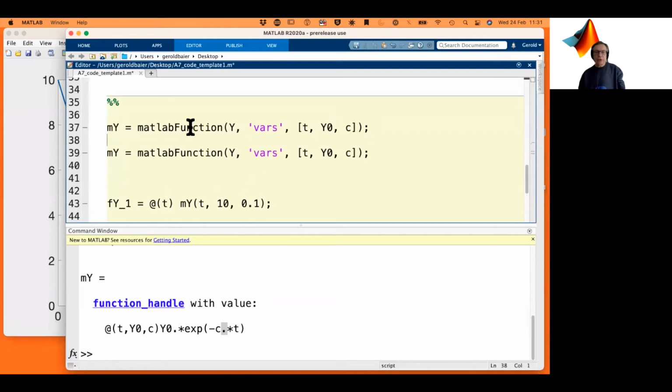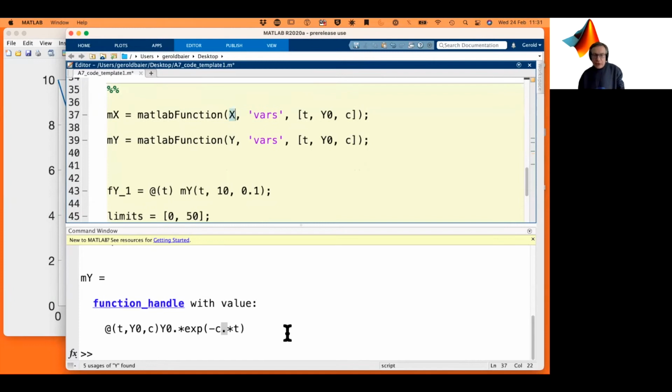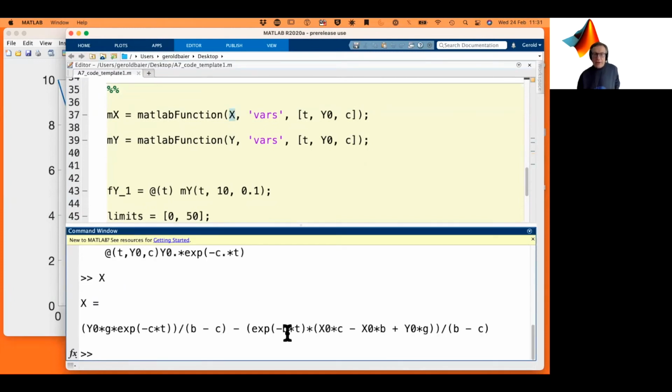If I just put it beyond this, above it, and then I specify mx, the MATLAB function of s, and I need to get that from the solution for x. And then the vars are no longer these ones here, but the variables needed in the equation for x. I think I'll just have a look. Everything that is in this equation on here, right?